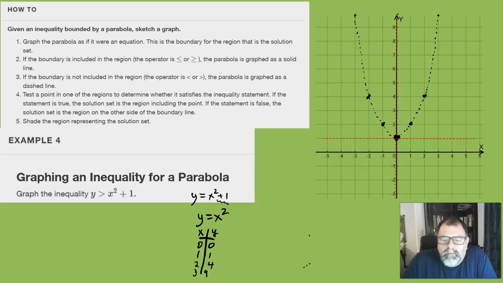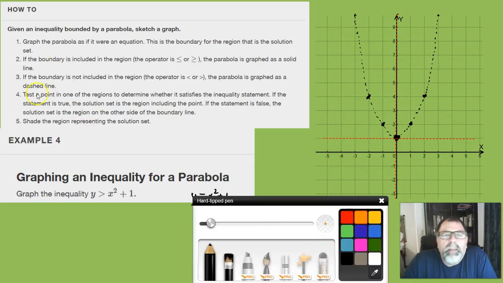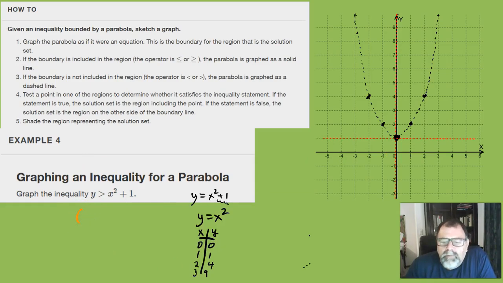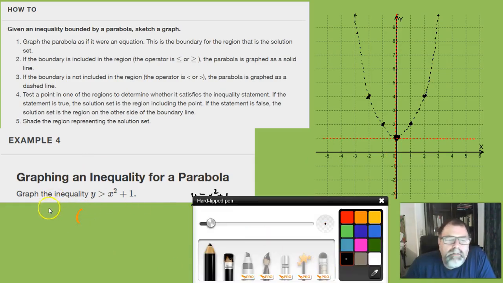If we do the shortcut, which is not here, they want you to do a test point. Test a point in one of the regions to determine whether it satisfies the inequality statement. So if you pick 0, 0 on the real graph, not the pretend graph, and plug it in, we're going to test 0, 0.